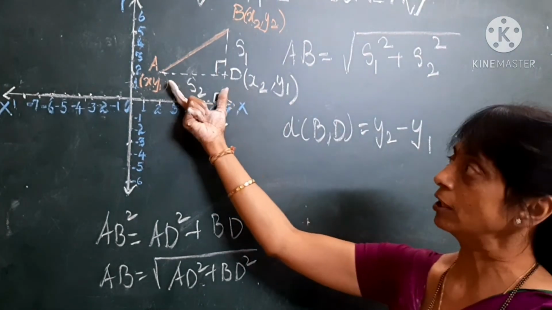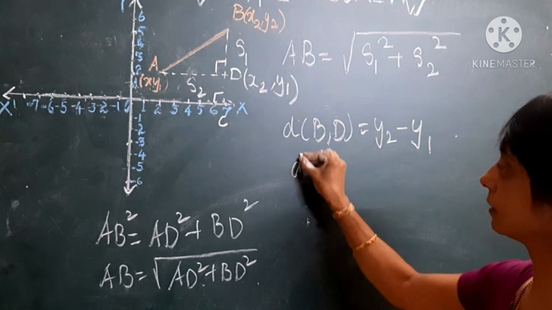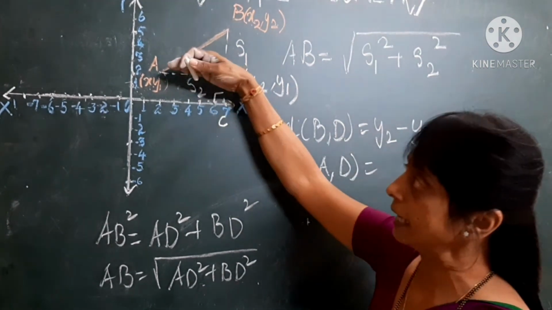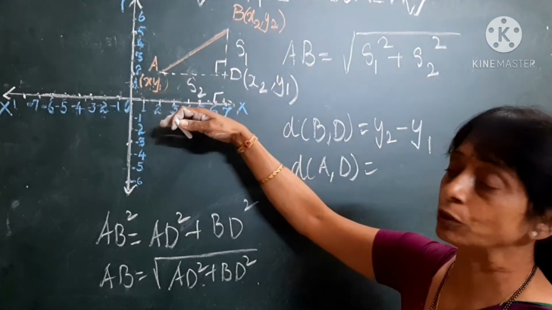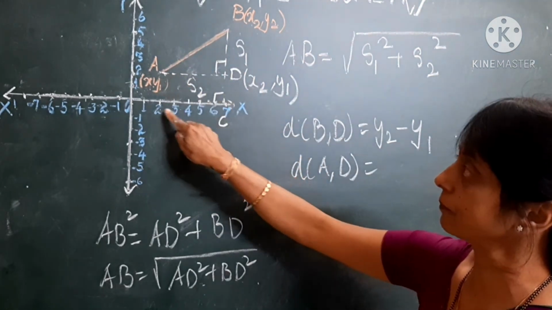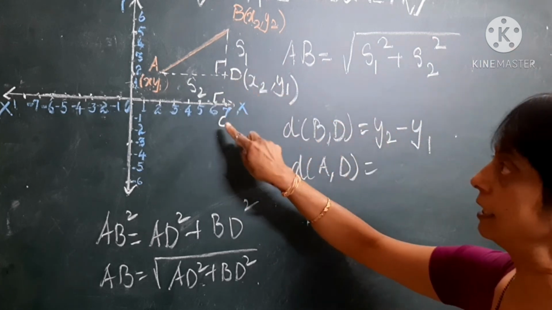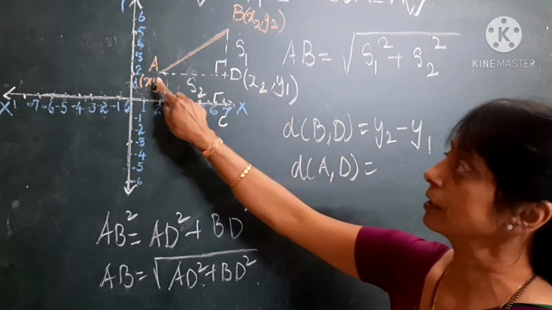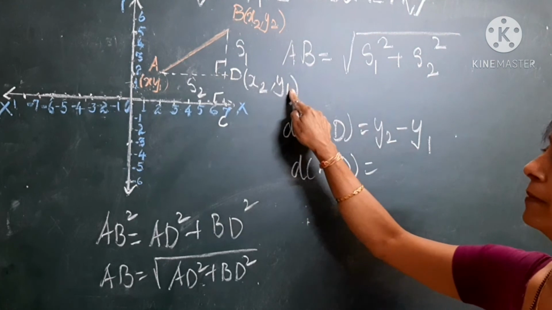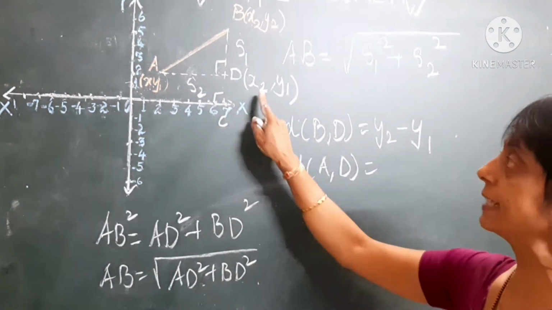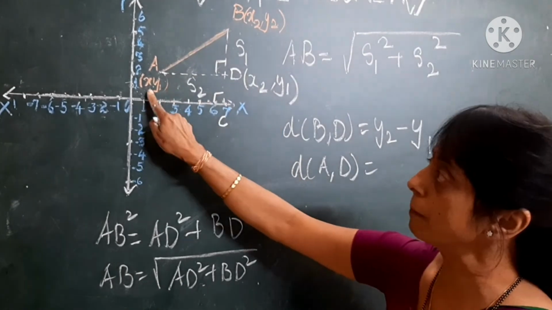Similarly, let's calculate distance AD. Again, AD is parallel to the x-axis. For any line which is parallel to the x-axis, the y-coordinate remains the same. So how do you get the distance? By taking the difference of the x-coordinates, that is x2 minus x1.